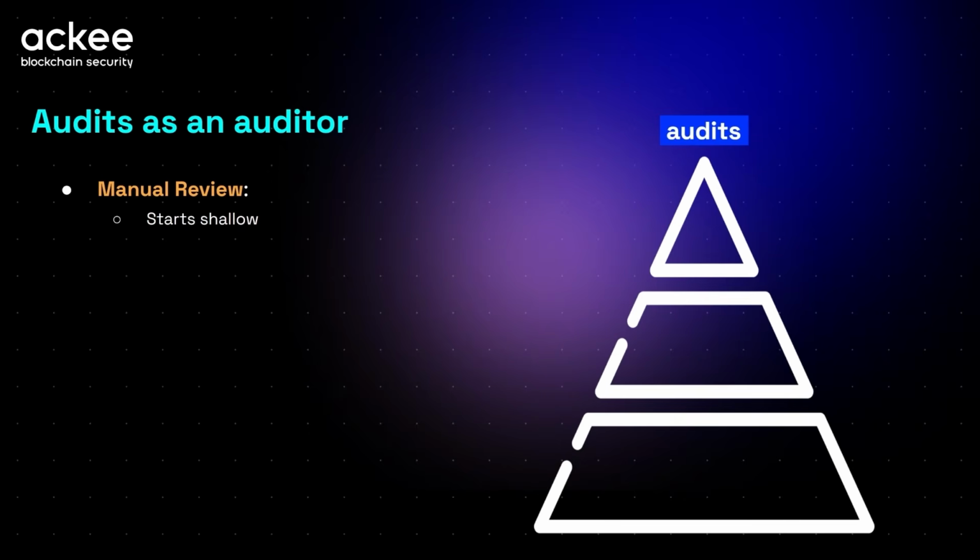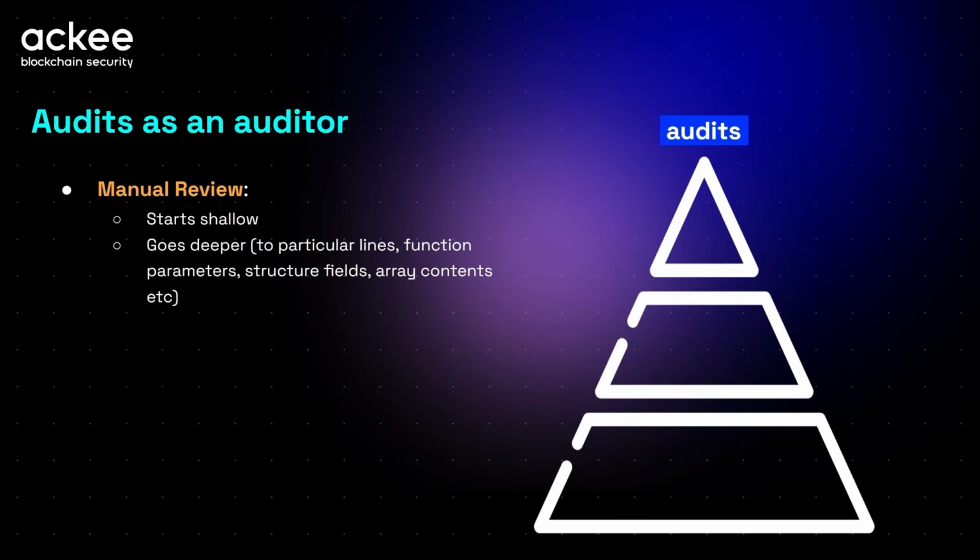You go through the code base, which should be well structured, and you go deeper to particular lines, particular functions, parameters, structure fields, even array contents. Let's say your smart contract expects a byte array on its input, and you need to investigate all of the possibilities that can be within each index of the array.